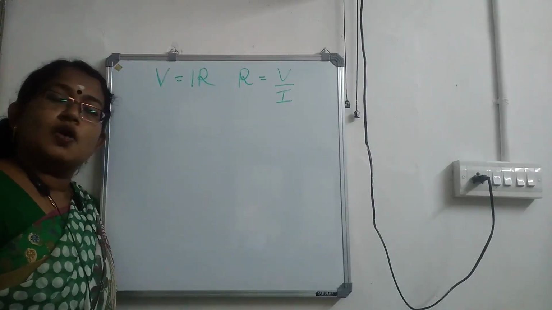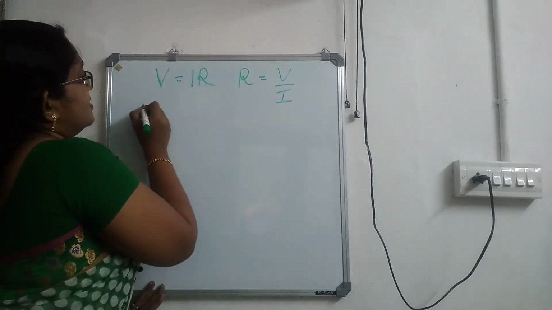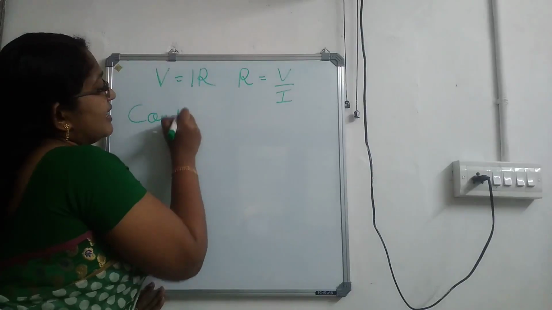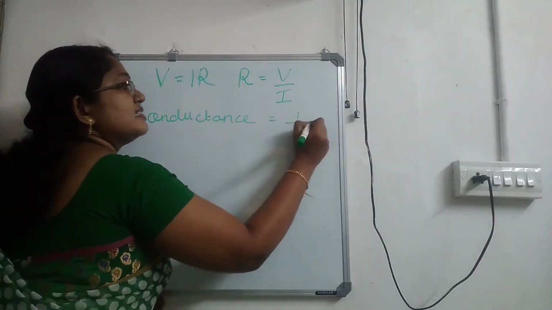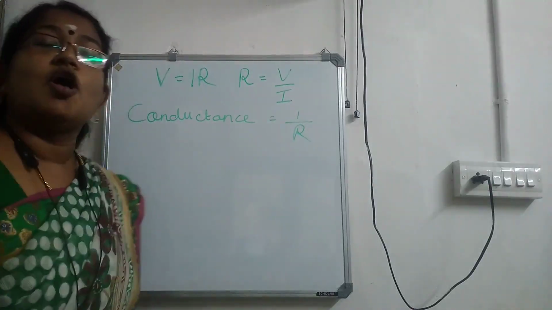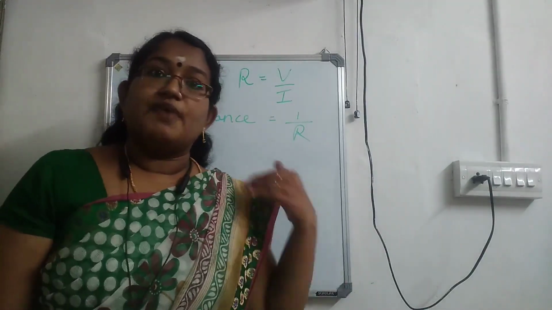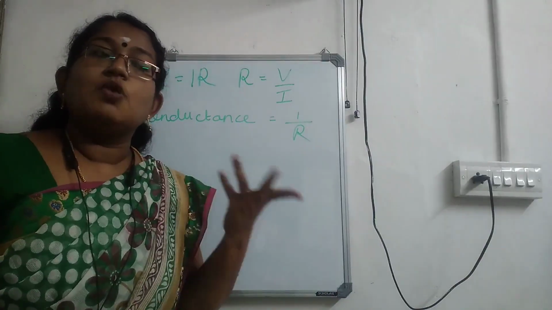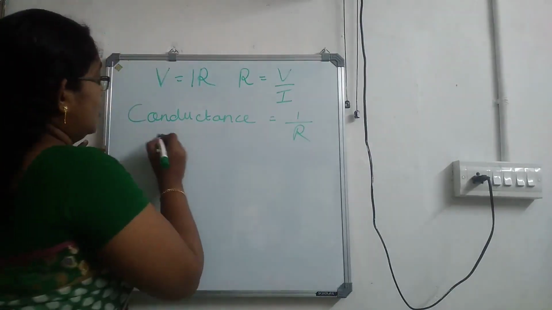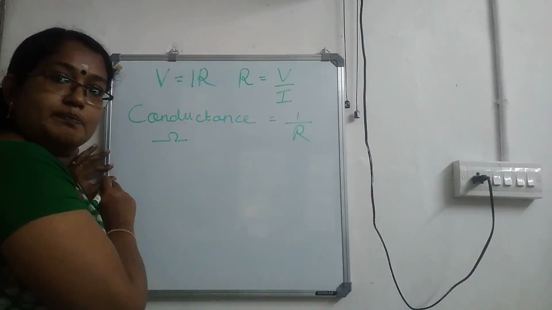Now the reciprocal of resistance is known as conductance. Okay. So what is conductance? It is the reciprocal of resistance. 1 by R is known as conductance. Then what about the unit? For resistance it was ohm.